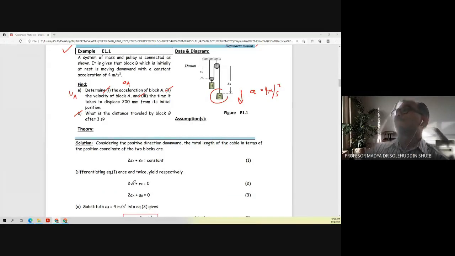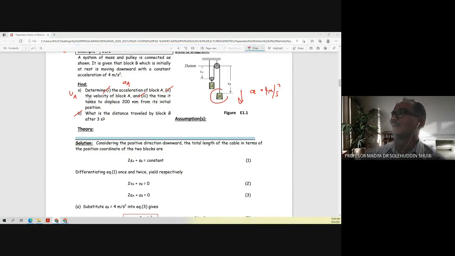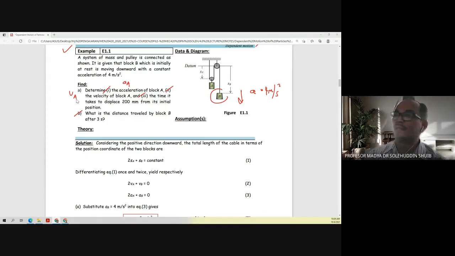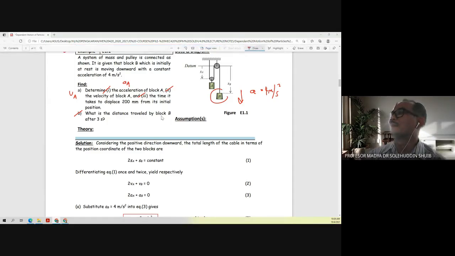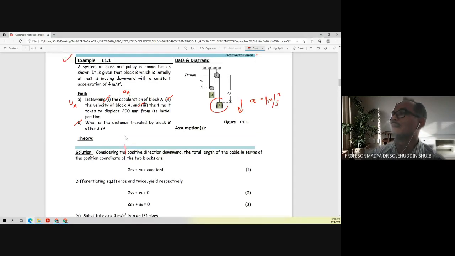So first thing, when you look at this type of problem, this is the simplest one, because later on we're going to start gradually to increase the complexity of it. So going down, we take the first thing. We take going down as a positive direction.